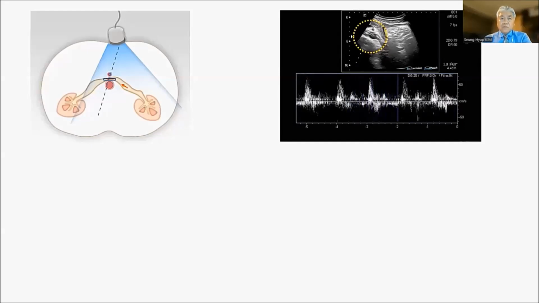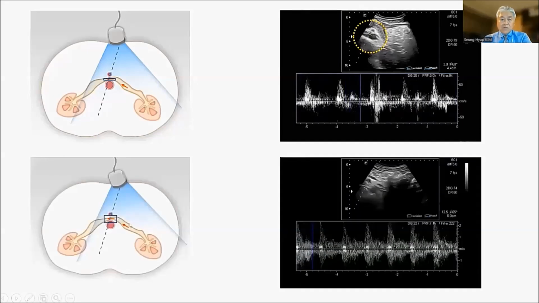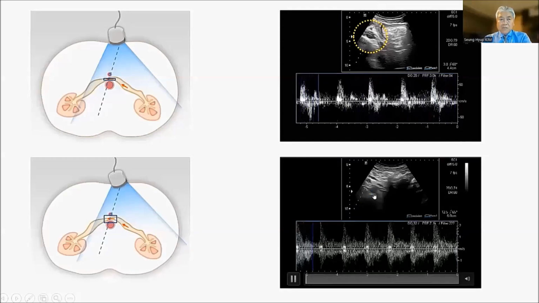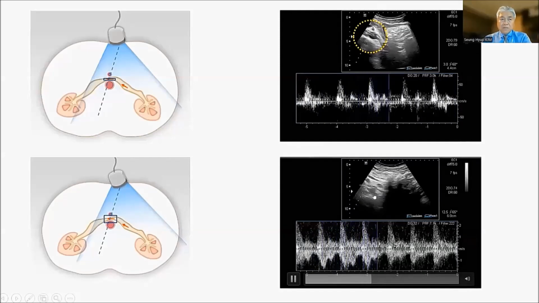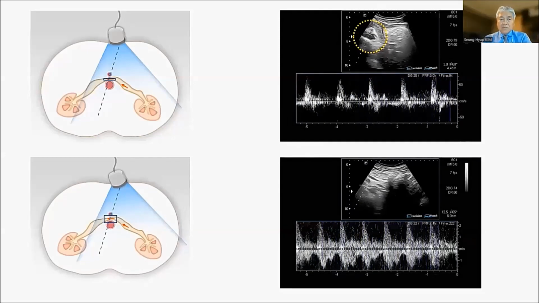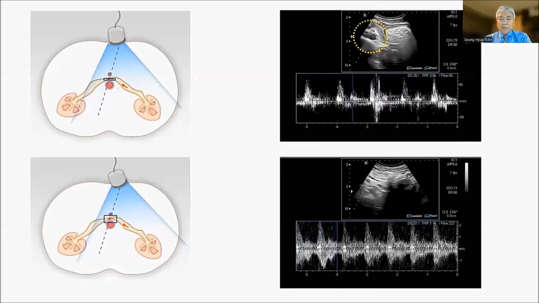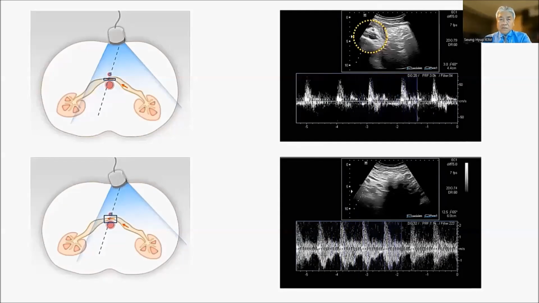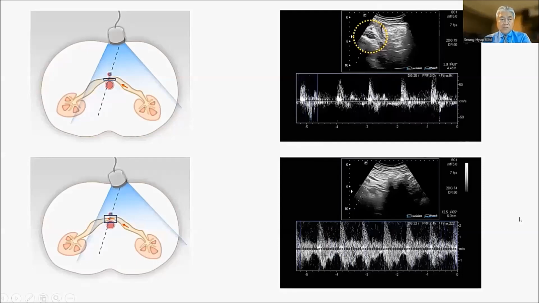To solve this problem, we need to increase the sample volume thickness to 15 to 20 millimeters, and then we may get clear Doppler spectra like this with a peak flow velocity around 2 meters per second in this patient.